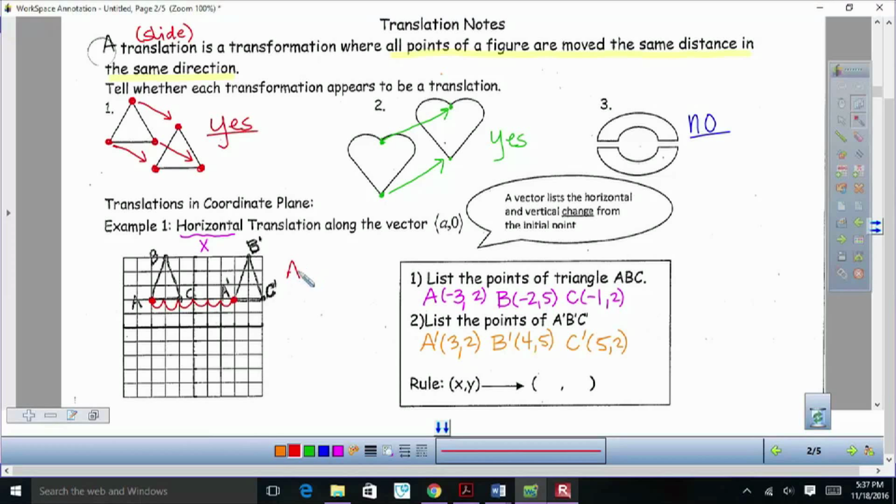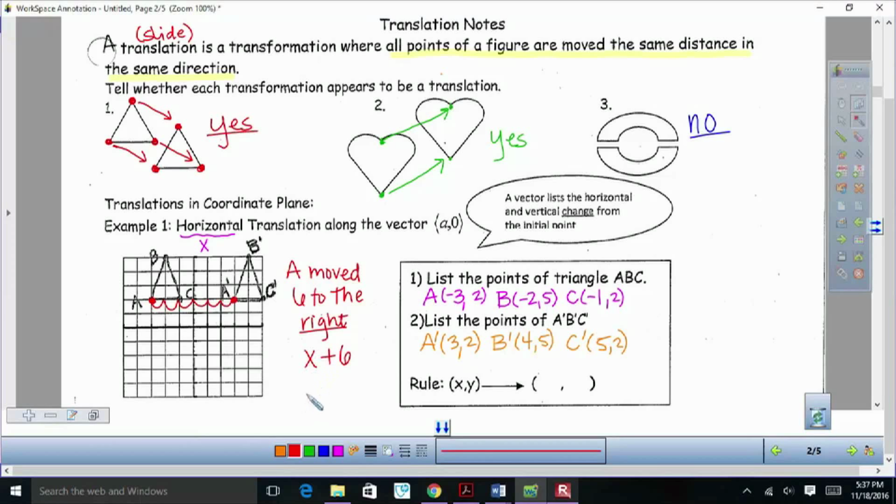So if A moved 6 to the right, we know that going to the right on the x-axis is positive. So we went in the direction of positive 6, and we went side to side, which is x.